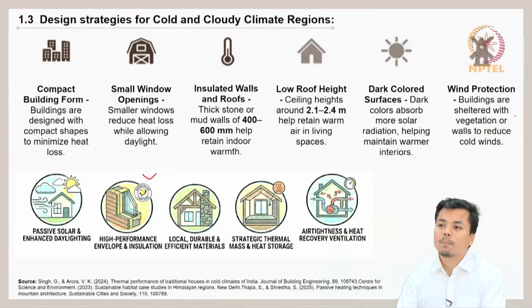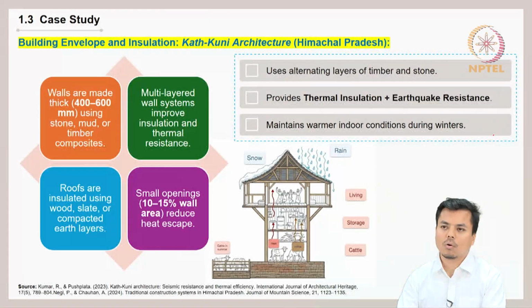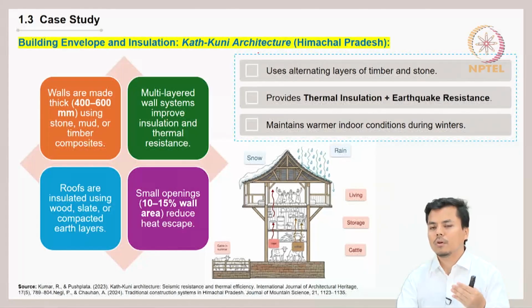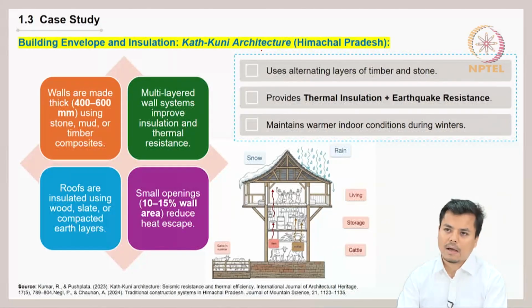Then wind protection: buildings are sheltered with vegetation or walls to reduce cold winds. That is also followed in cold and cloudy climatic regions. The specific example that is often quoted in designing a building in a cold and cloudy climatic region is Kath Kuni architecture, that is seen in Himachal Pradesh, but the design differs from what we see in Shillong and other cold and cloudy climatic regions.